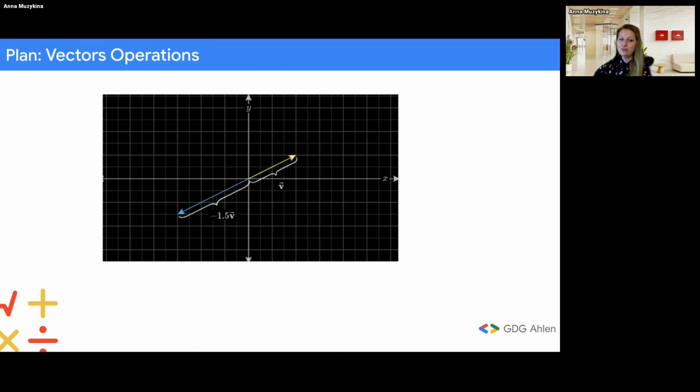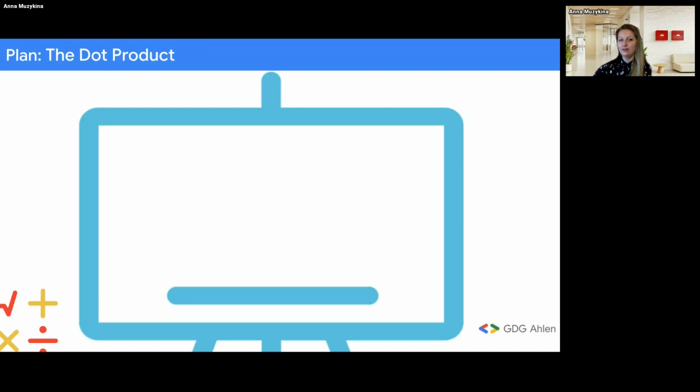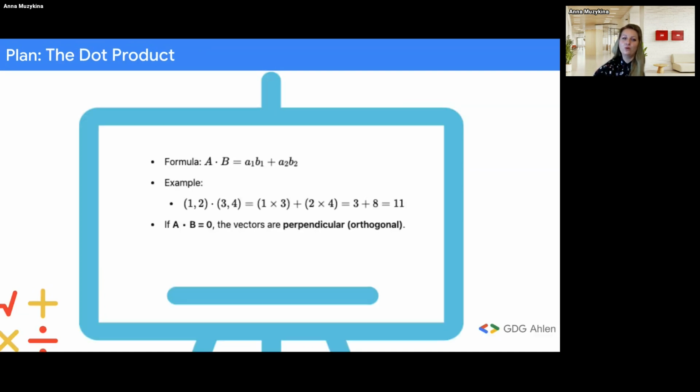Whether you think of vectors as arrows or lists, understanding these concepts is crucial for many applications, including AI and computer graphics.